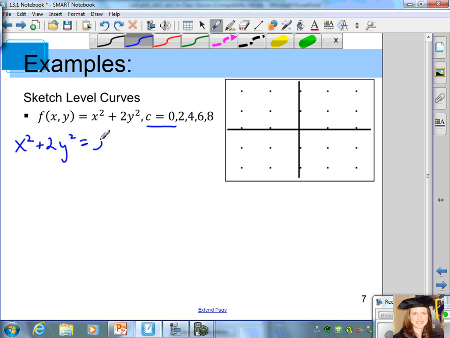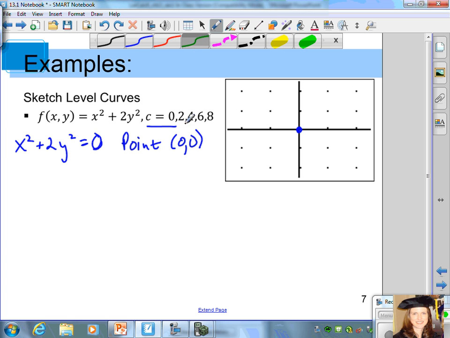Well, in this case, the only way that you can add those together to equal 0 is at the point 0, 0. So if we sketch a point on the graph here at 0, 0, when the surface is sliced at the height of c equals 0, it only touches the surface at a single point.